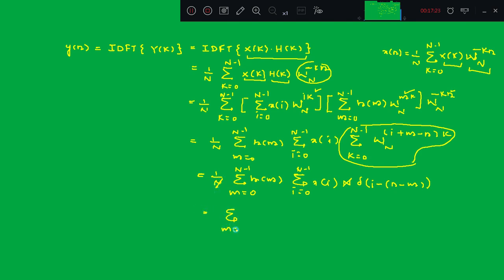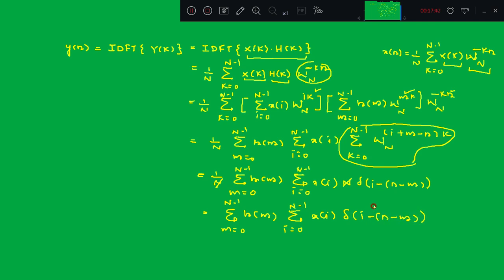Summation m equal to 0 to N minus 1, h of m, and here summation i equal to 0 to N minus 1, and here it is x of i, delta of i minus n minus m, right?